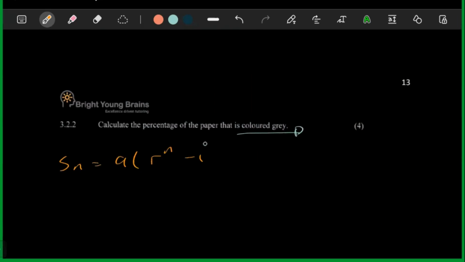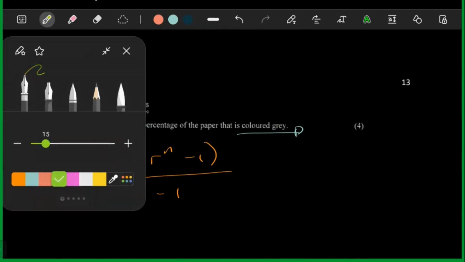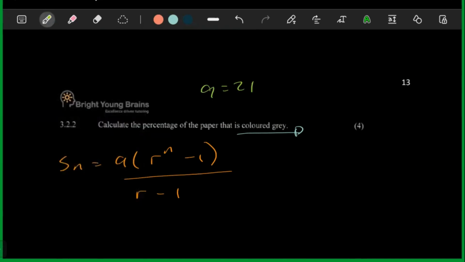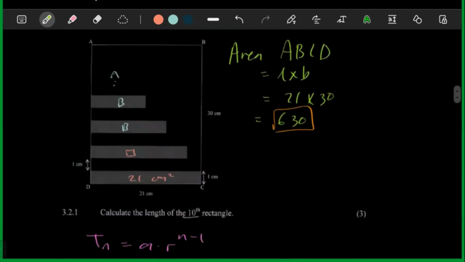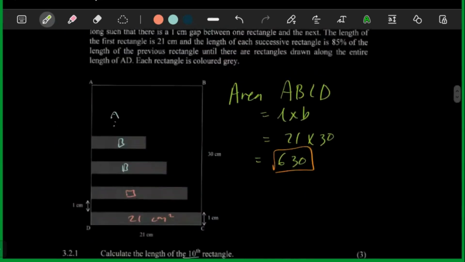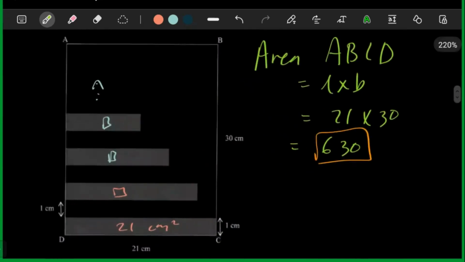So us adding up all the areas together, what you do know is the first term is 21, and the number of terms that we're adding up, that's the question now. We need to know how many rectangles we're adding up. So logically speaking, you'd be thinking to yourself, okay, fine, there's one rectangle and then empty space, rectangle, empty space, rectangle, empty space, rectangle, empty space.